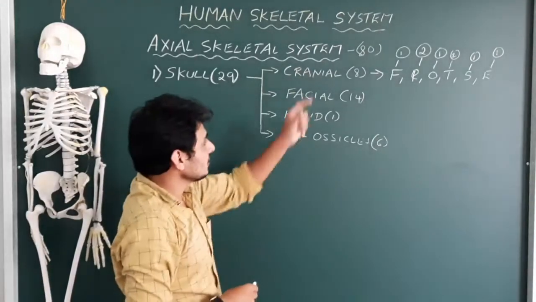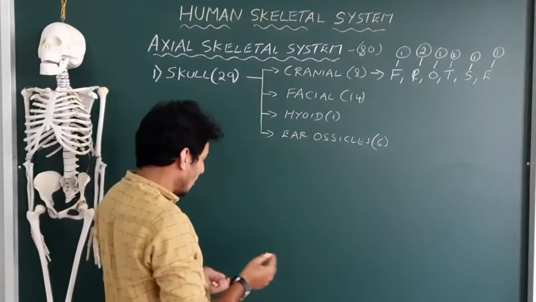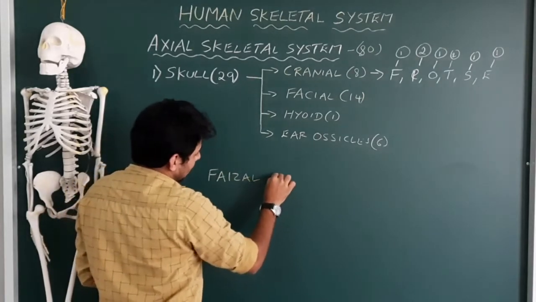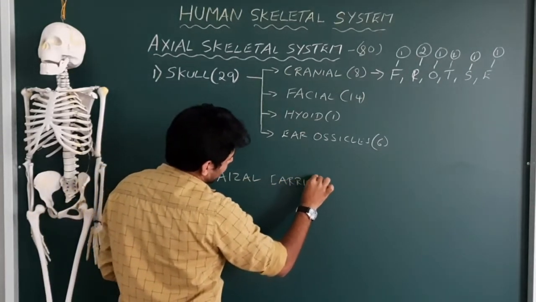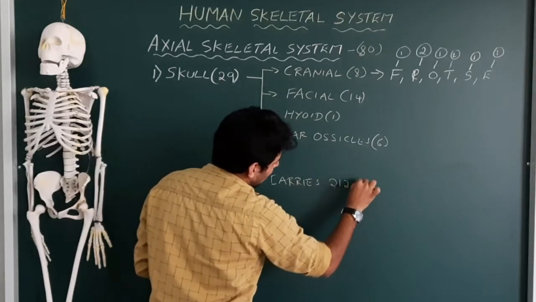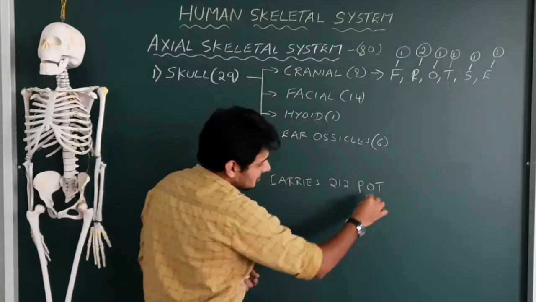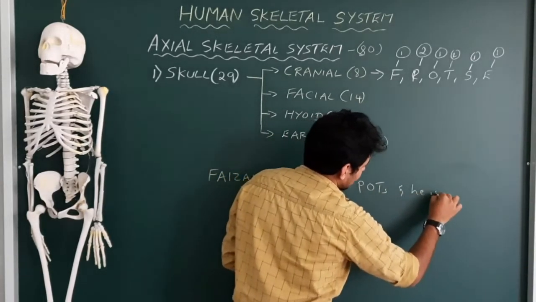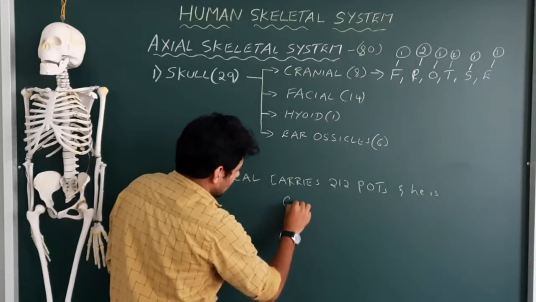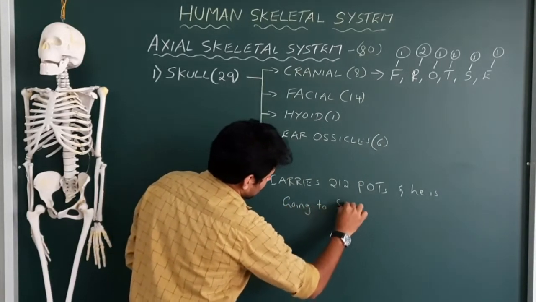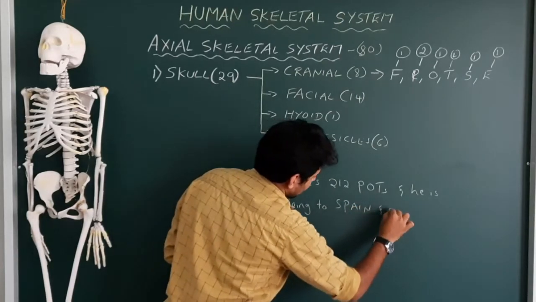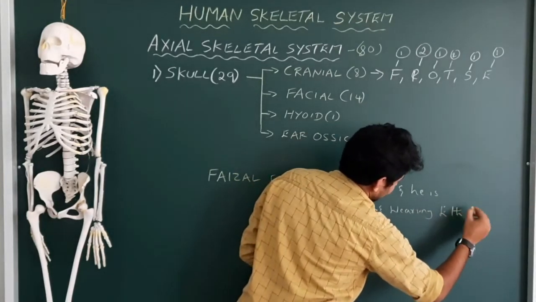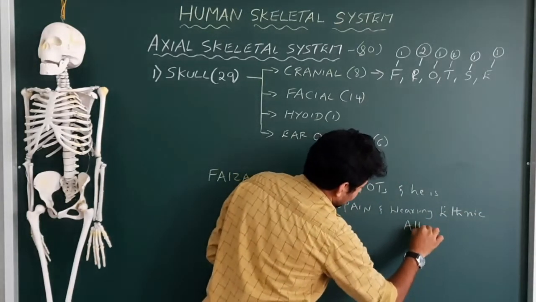Now, how to remember these different bones in order? Just write down this: Faisal carries 212 pods, see in caps, PODS, and he is going to Spain and wearing ethnic attire.